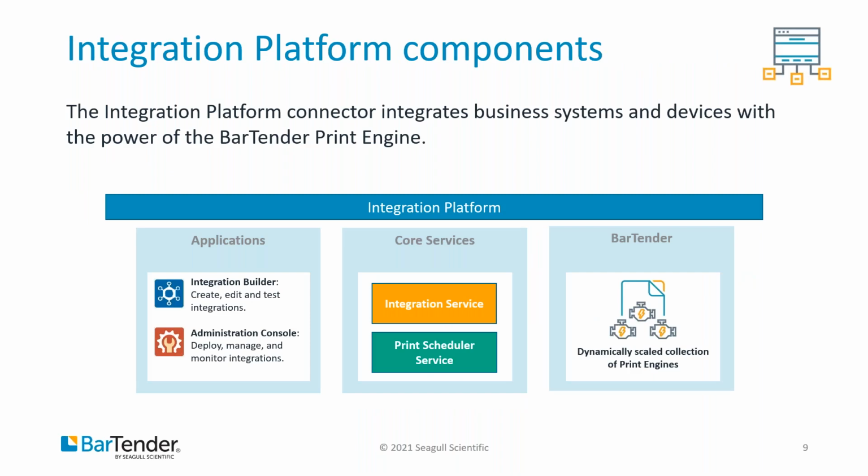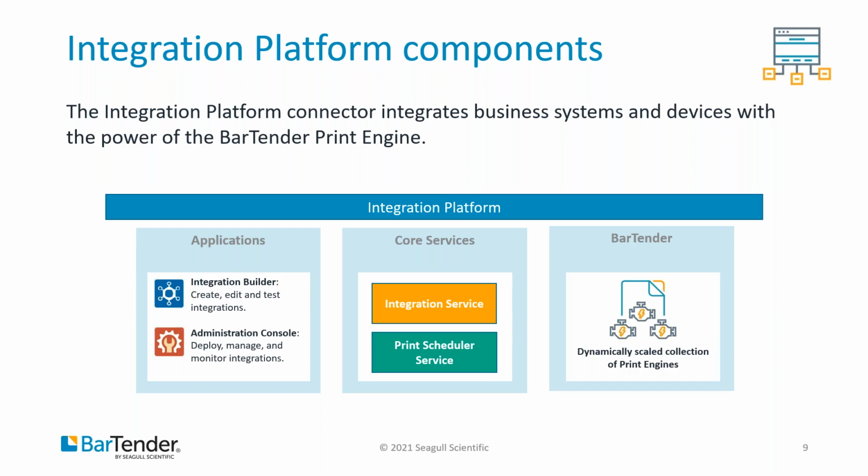We call it the integration platform because it consists of various different component parts. So there you see on the left, you have the applications. The two key applications are the integration builder, which allows you to quickly and easily create, build, and test the integrations.